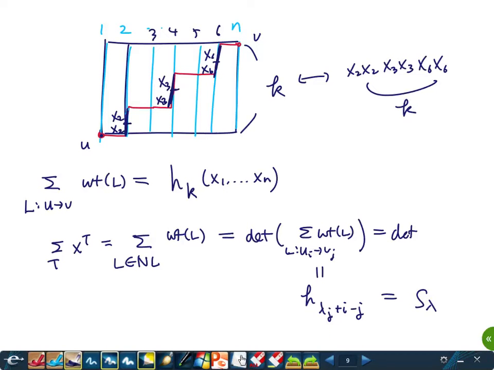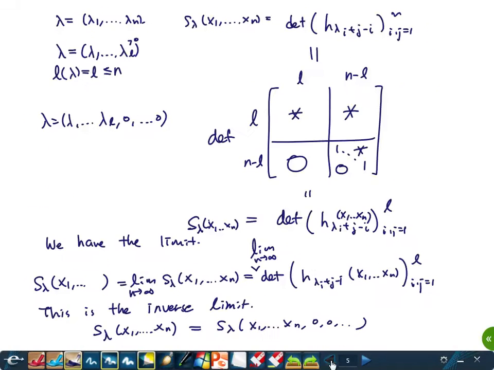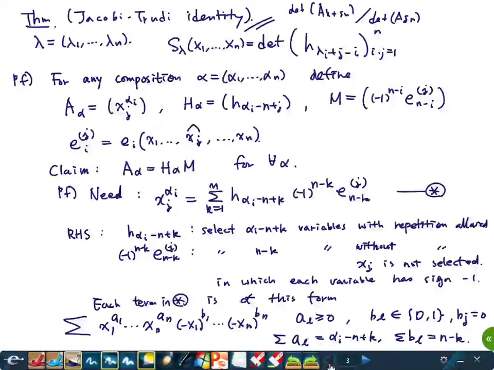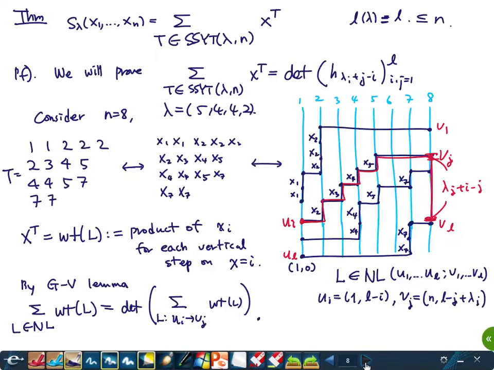Alright, so we learned the Schur function, the classical definition as the quotient of two determinants, and then we showed the Jacobi-Trudi identity, and then using non-intersecting Lindström paths, we showed that the Schur function is indeed the generating function for all semi-standard Young tableaux.